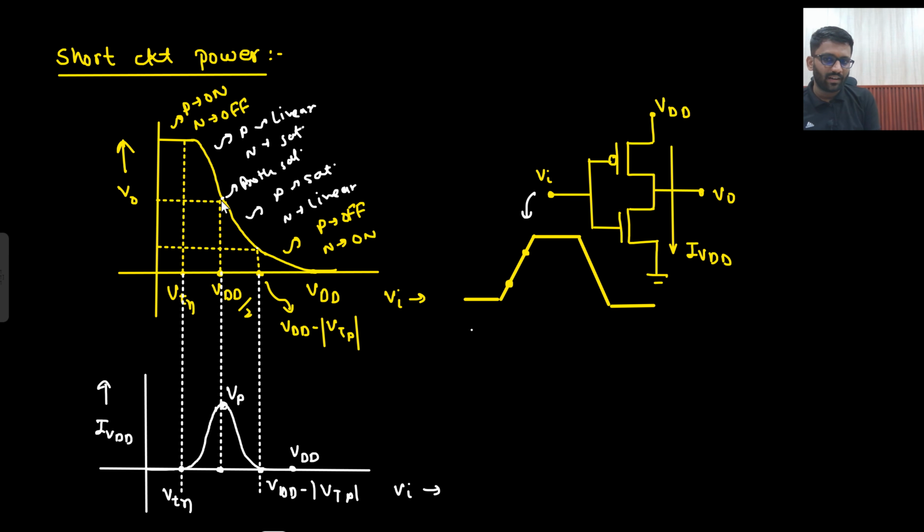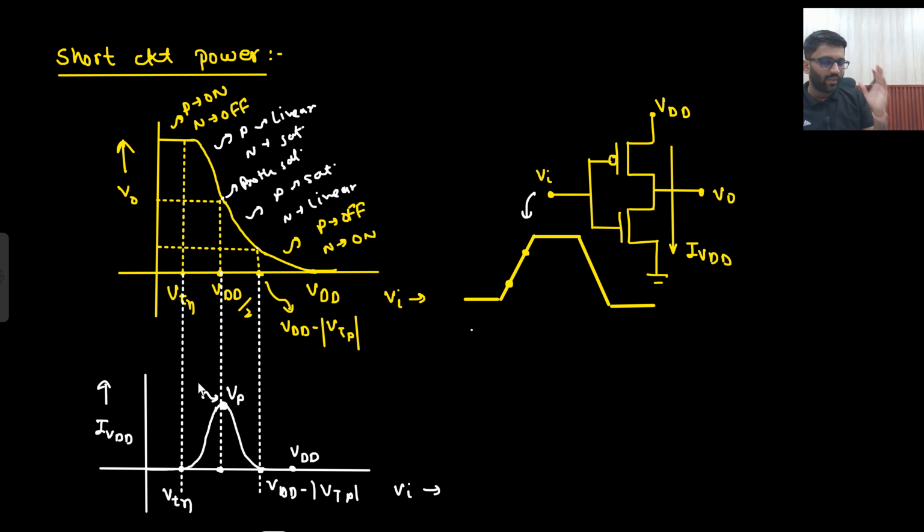And at the switching threshold, both PMOS and NMOS will be in saturation. That means from VDD to ground, we will have a short circuit path, and at that time there will be very high power consumption. In this complete scenario, this will be the most dominating one. So that is known as short circuit power.